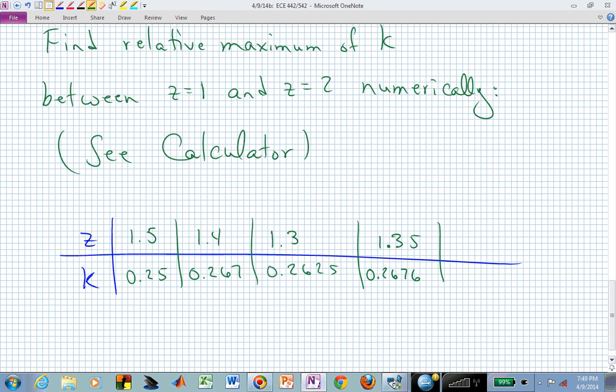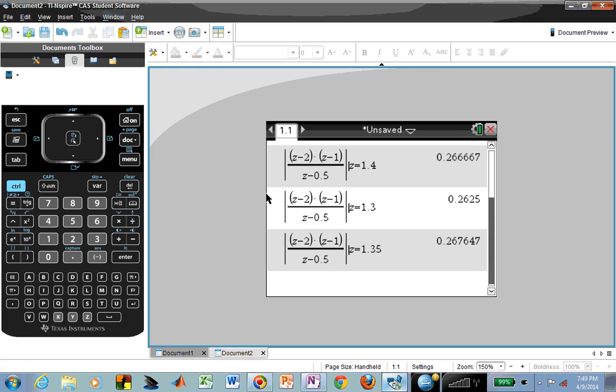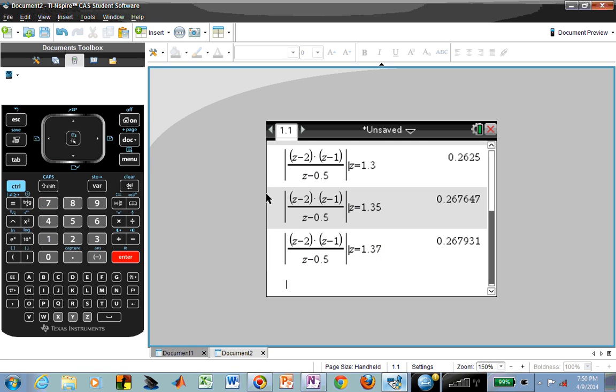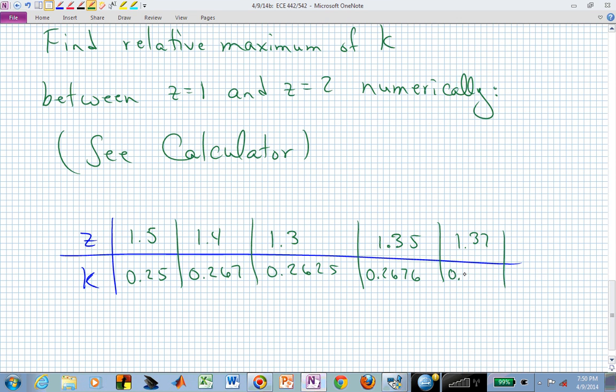But let's look at some more points since we are doing this without much effort. Let's look at halfway between 1.35 and 1.4, say 1.37. That's now 0.2679, and that's bigger than we were at 1.35.